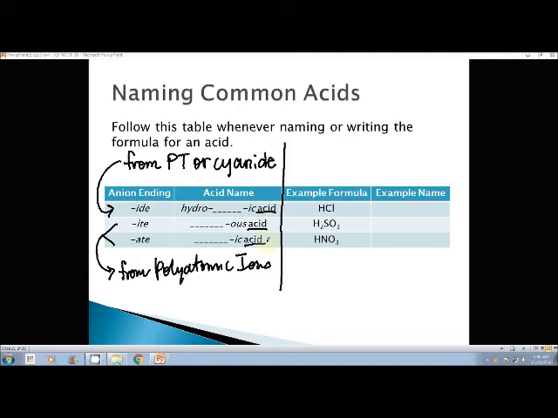So let's go ahead and do these examples, and then we have one more page of examples, and we'll finish. So HCl. Notice how it has an H just like the other two lines have H's. So that H, all it does is it tells us that the second name is acid. Okay, so we're looking at what is after the H to tell us how to name it.